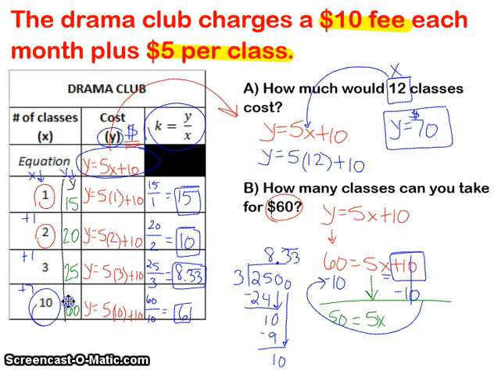And so then you are going to tell me, 5 times what gives me 50? In order for me to determine 5 times what, I've got to think about it. I know that 5 times 10 gives me 50. So x is equal to 10 classes. So for $60, I can take 10 classes.